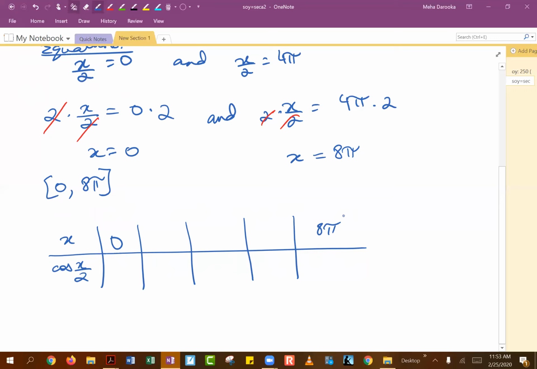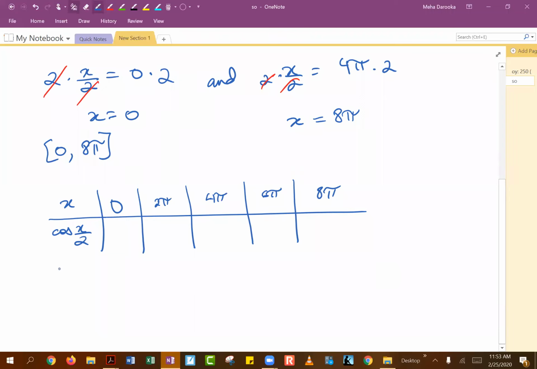What would be our halfway point here? 4 pi. And then the first halfway point between 0 and 4 pi? 2 pi. And for the last one? 6 pi. Very good.